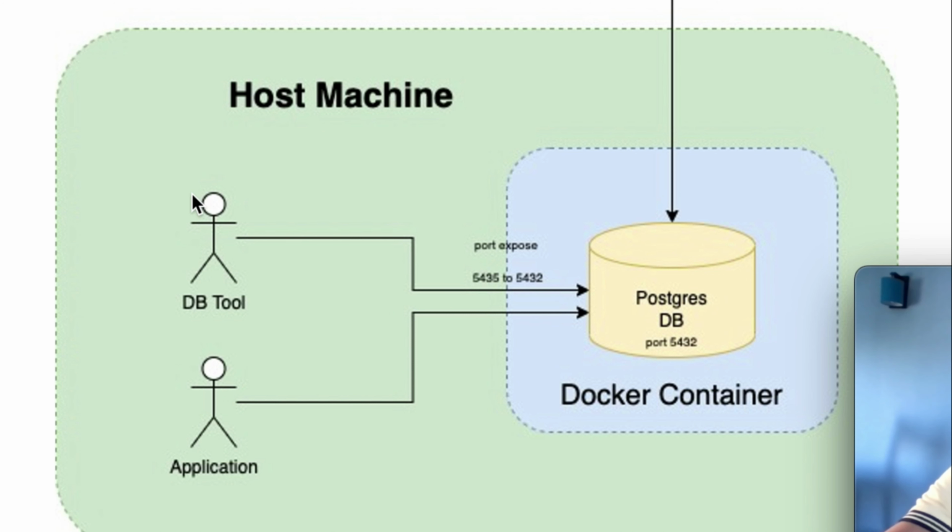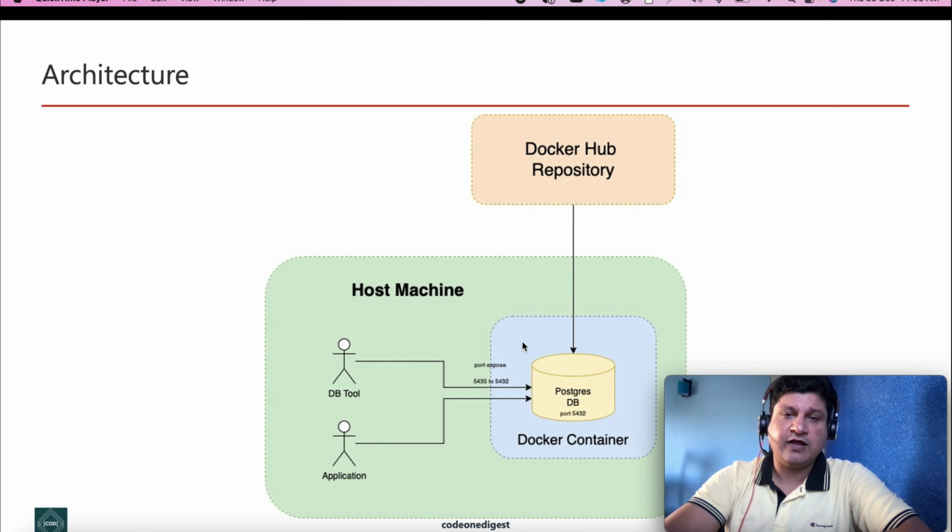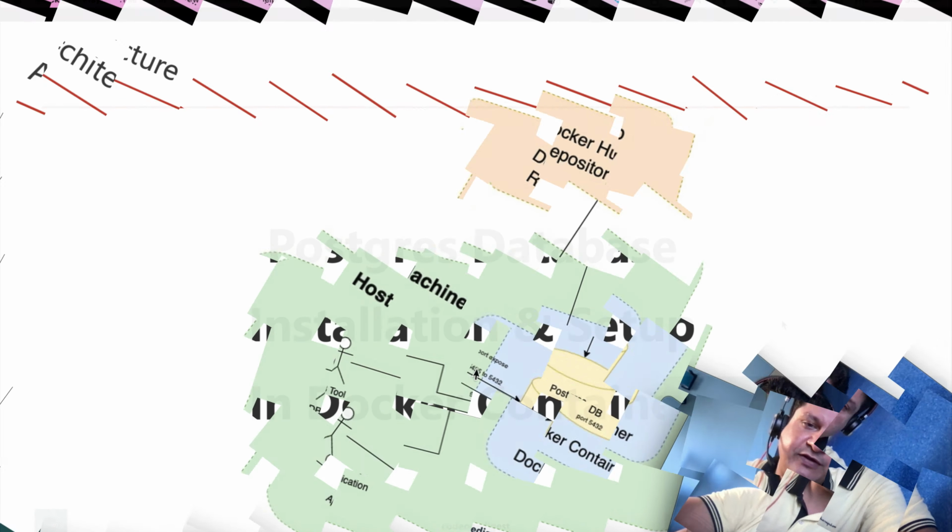From the host machine, we want to access the database in our application as well as in our database tool, so we have to do this port mapping. We'll be mapping our container port 5432 to 5435, right? You can select any port for your mapping. You can even do a 5432 to 5432 mapping, that is, port 5432 of the container to port 5432 of the host machine. But in this demo, we are mapping it to 5435 on the host machine.